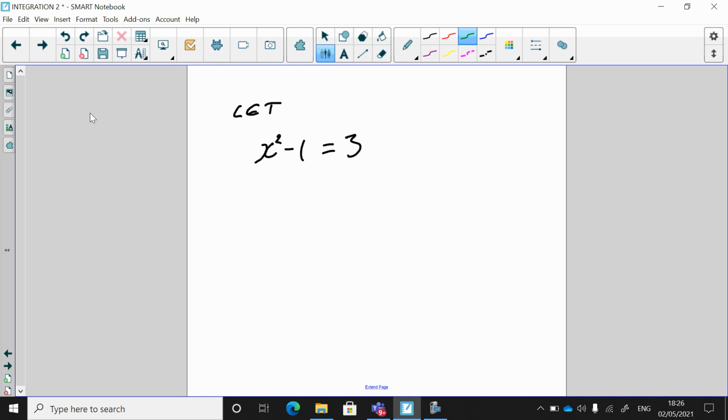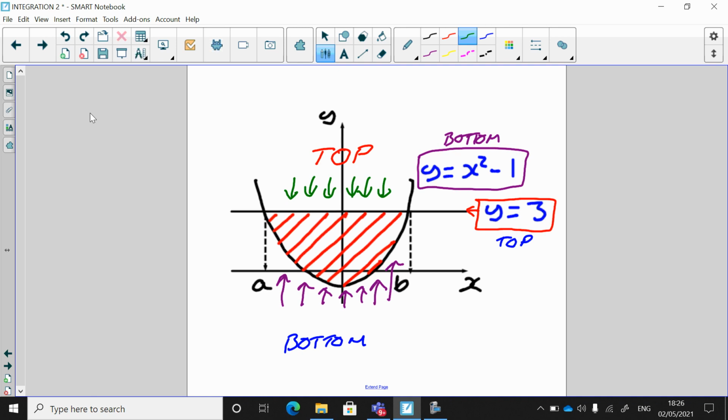Let them equal each other. Because we know y is equal to y, that's fine. So that's why we make y here and y here equal to each other.